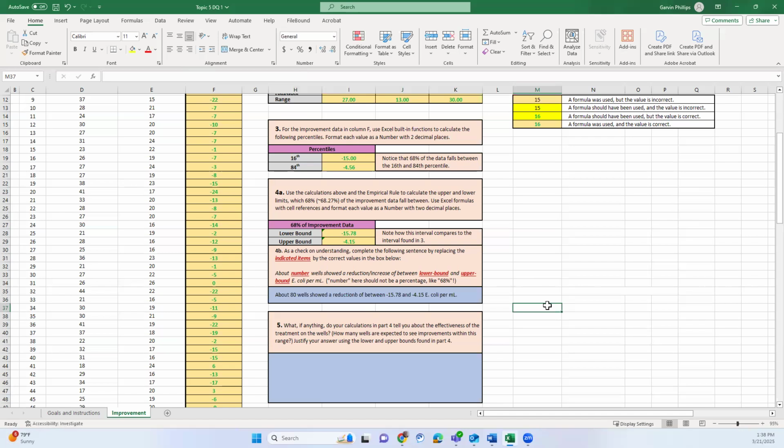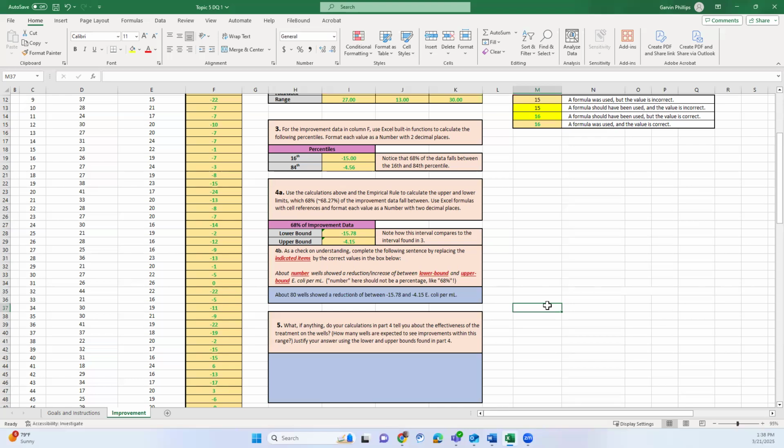And from that, I can really answer the next one. I'm not going to answer that for you, but it says, what, if anything, do your calculations in part 4 tell you about the effectiveness of your treatments on the well? Well, obviously my treatment, and again, it's randomized based on name, but mine was successful. I see some improvement. I don't see drastic improvement.